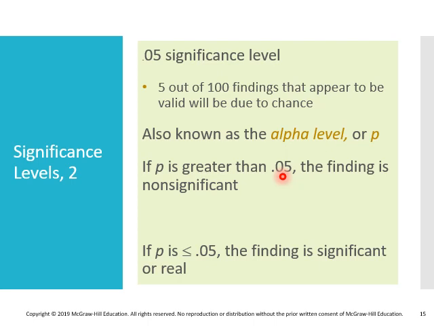In communication and social science research, 0.05 is what we typically accept, but if it's 0.01, it will be better. If it's 0.001, much better. So again, if the alpha level is equal to or lower than 0.05, we say that the finding is significant or real. In other words, the finding is statistically significant.